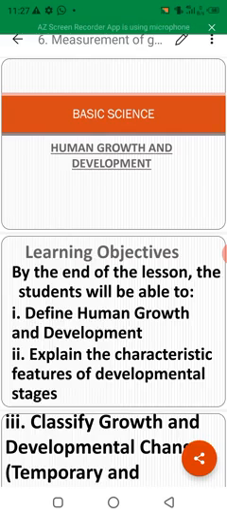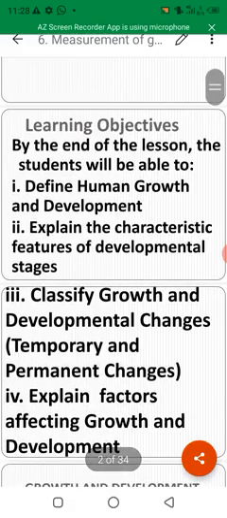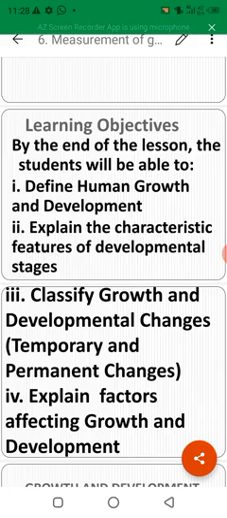Today, we want to go quickly into our lesson, measurement of growth and development. That is, human growth and development. So in this lesson, by the end, we will be able to: number one, define human growth and development.